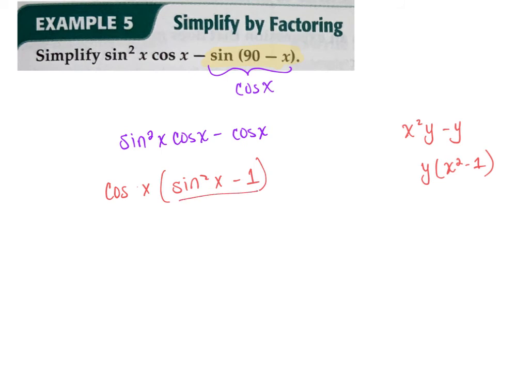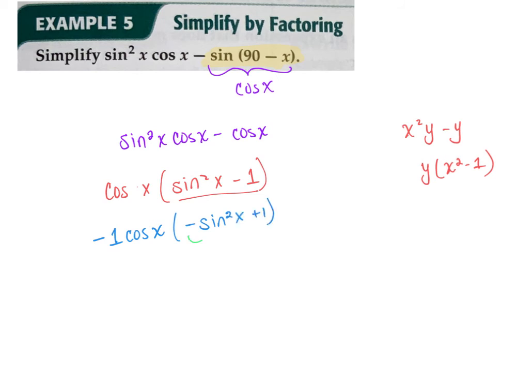This, sine squared minus 1 doesn't really help me that much, right? But 1 minus sine squared would. Yes. 1 minus sine squared would actually be what? Cosine squared, right? So I can actually take a negative out. So let's say what happens when I pull a negative 1 out. I would have negative sine squared of x plus 1, right?